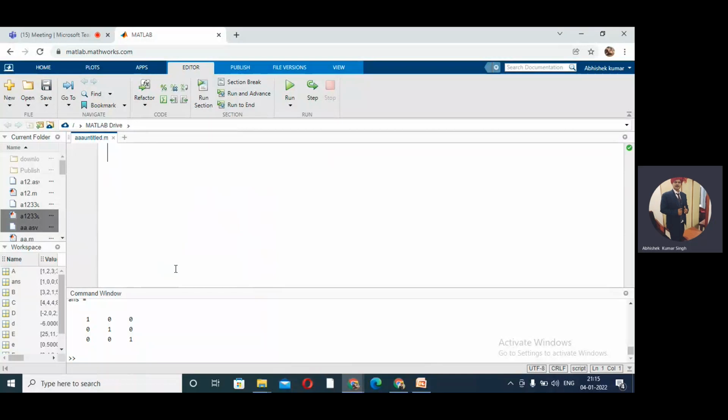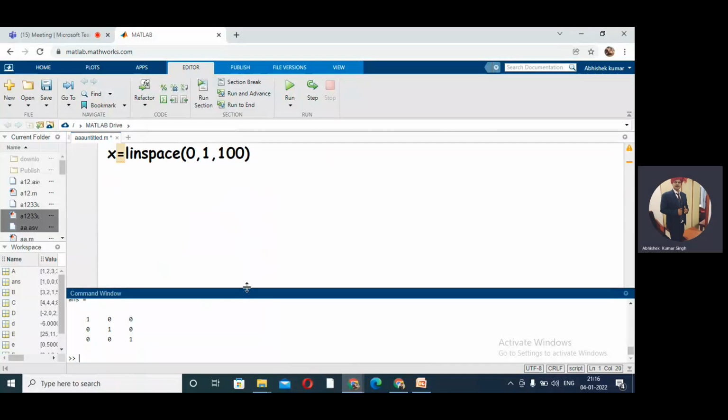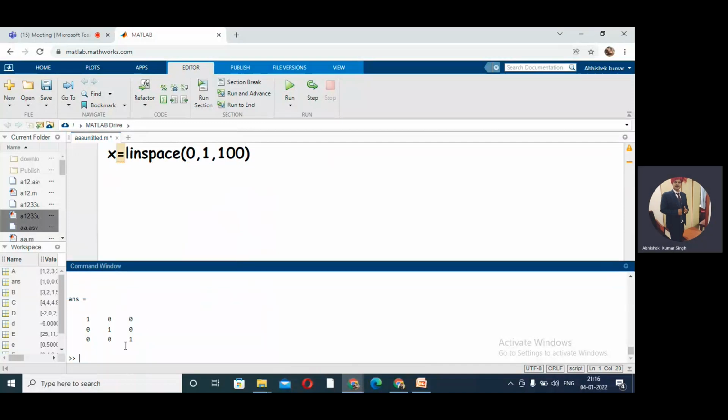We'll have X equal to linspace(0, 1, 100). This command will give 100 points between 0 and 1 with linear spacing. Linear spacing means the distance between any two points will be the same.